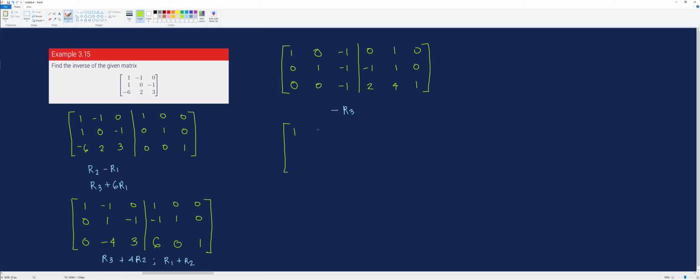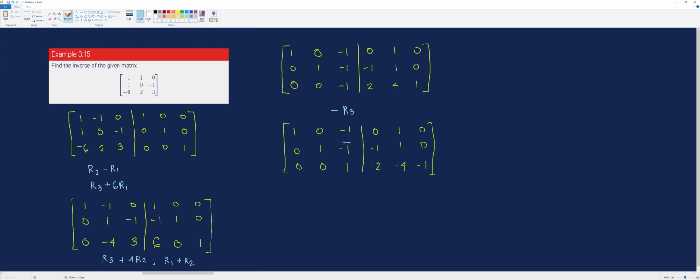That is 1, 0, negative 1, 0, 1, 0. This is 0, 1, negative 1, negative 1, 1, 0. And here, this is 0. This is still 0. So negative 1 times negative 1 is positive 1. This is negative 2. This is negative 4. And this is negative 1.